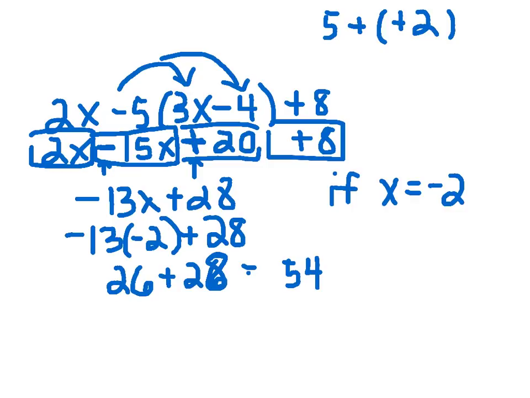One thing that may not have been made clear enough is what to do in a case like this. If, for example, it says 3 minus, and then in parentheses, 2x plus 4, plus 6x.